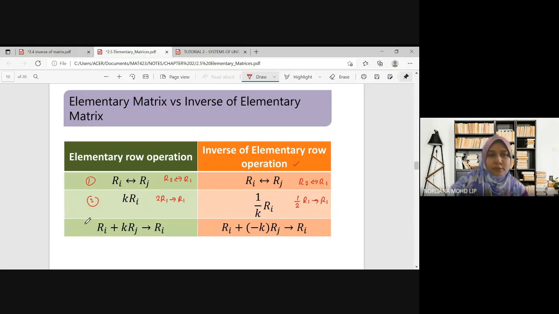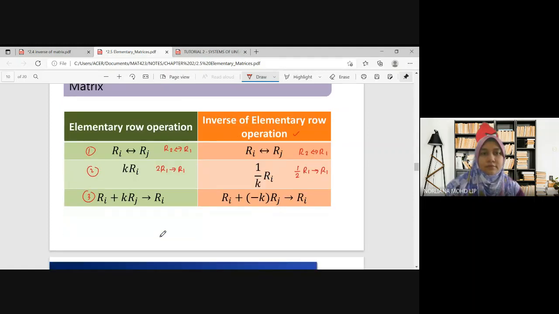Okay, the third operation. Okay, ni yang ketiga. Row I plus K row J transform into row I. Okay, contoh diberi kat sini 3. Okay, biasa saya gunakan tambah kan kat sini kan.